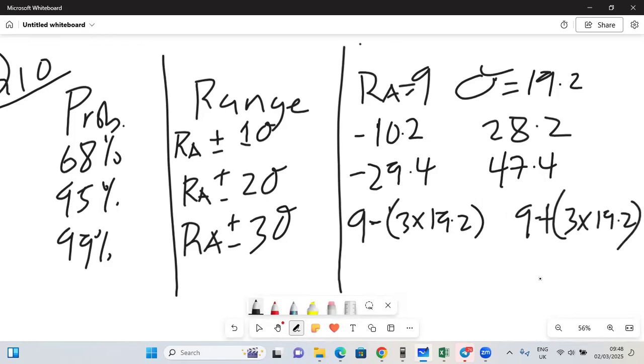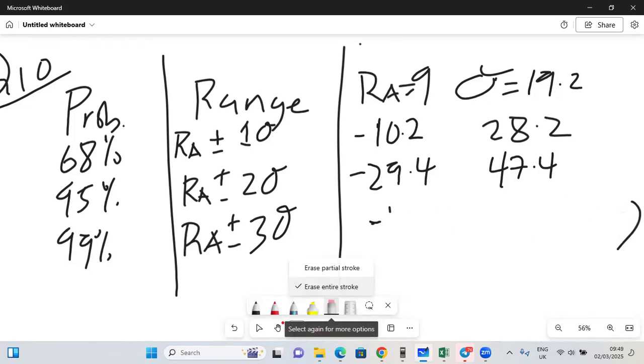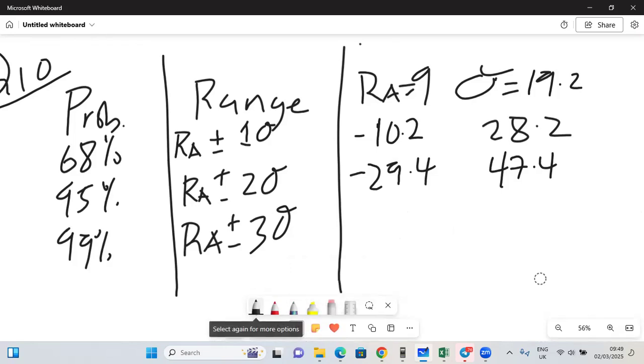Then easy peasy, you are done. So we are going to get negative 48.6 here. And here is going to be positive 66.6.